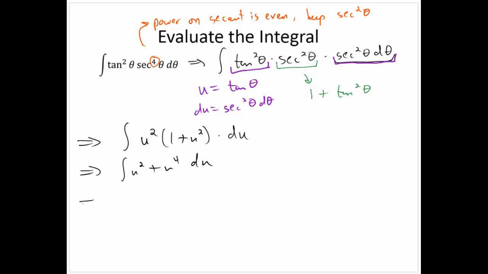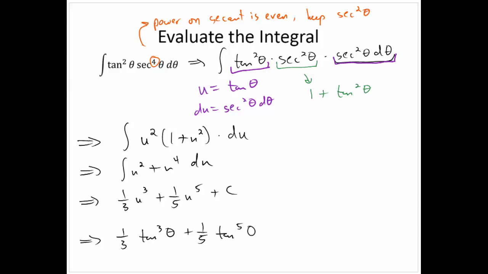And so then that would be 1/3 u cubed plus 1/5 u to the fifth plus a constant. Substituting back, we'd have 1/3 tangent cube theta plus 1/5 tangent fifth theta plus a constant.